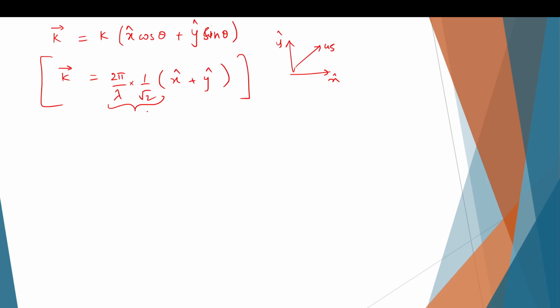The magnitude will be clear, but to write the direction, I suggest you don't write the vector part, just write the x component or y component of the k vector. This is a different question, so write the corresponding number for that question. Is that okay? Okay, ma'am.